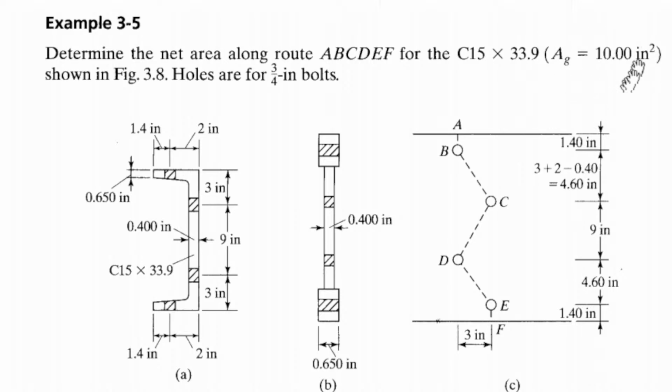And we have a given gross area. This gross area is 10 square inches, which we can also find out if we use the table. You have to use the table in order to confirm, because there might be some discrepancy, just like when we are using a calculator.